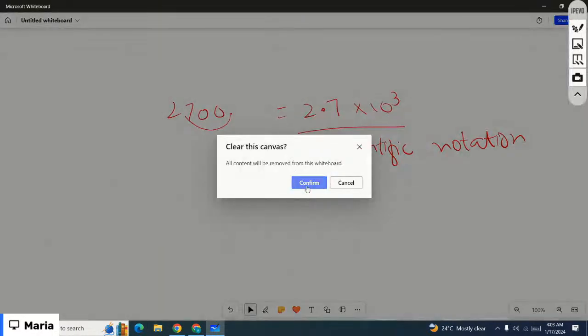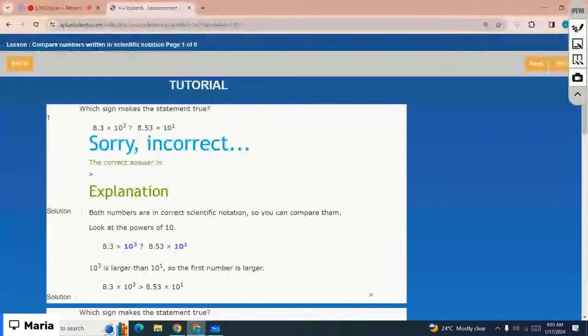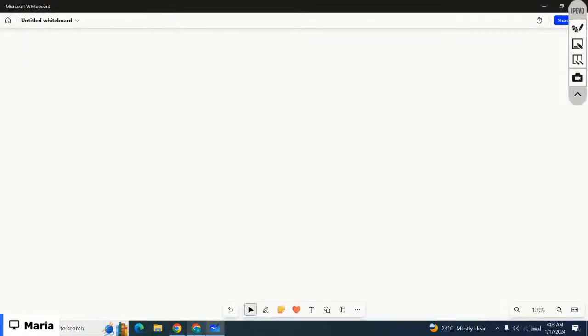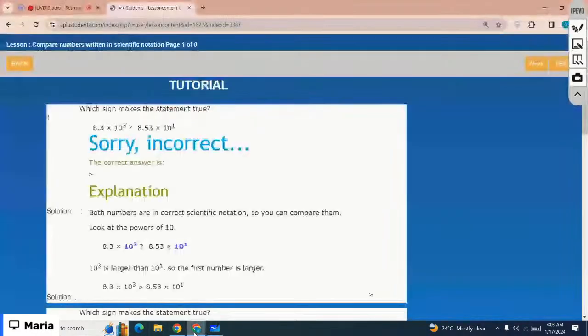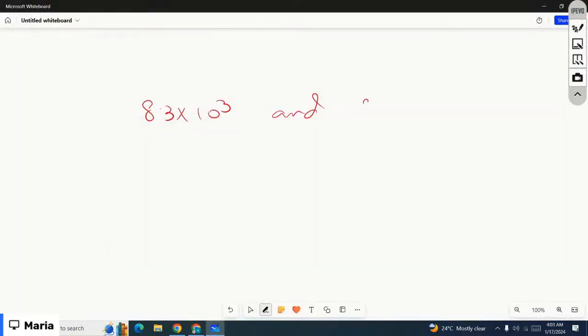Let's start with the first example, that is 8.3 times 10 exponent 3 and 8.53 times 10 exponent 1. The first thing is to look at the exponents of the 10.